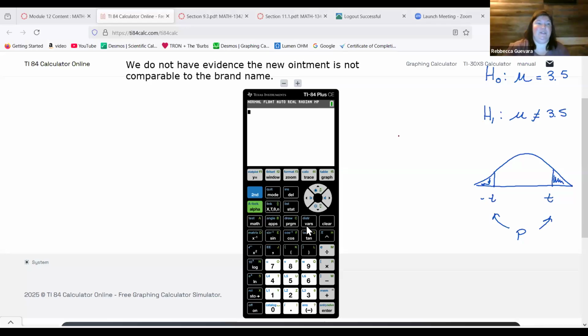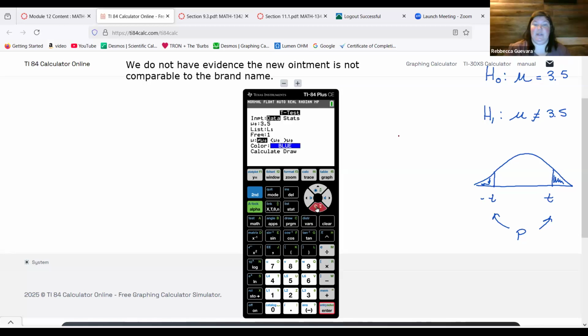The other way I can use the calculator once again is the t-test. So remember, I did enter my data in here because I needed that mean and standard deviation from the sample. So we could go to stat and we go over to test and we go down to number 2, the t-test. So last time we were looking at entering stats. This time we're going to enter in data because we put that data in there.